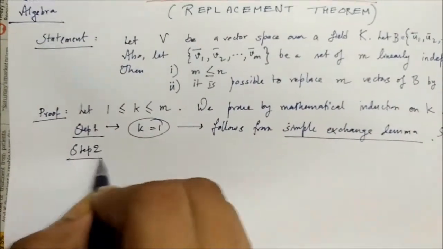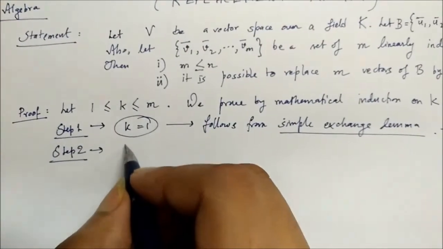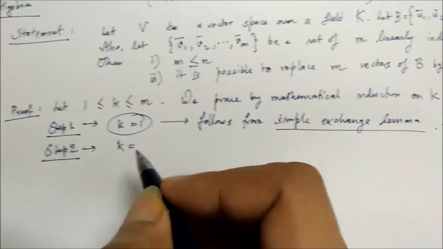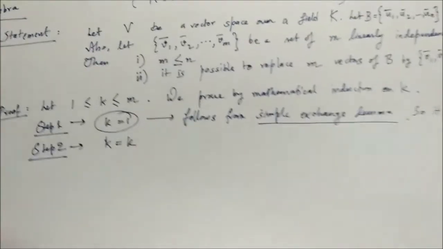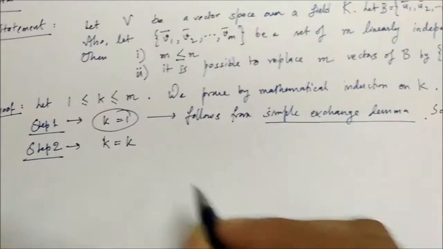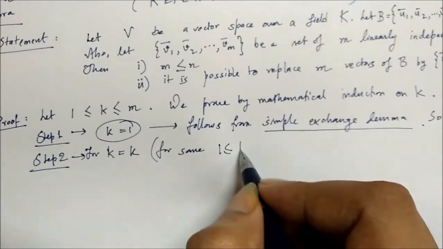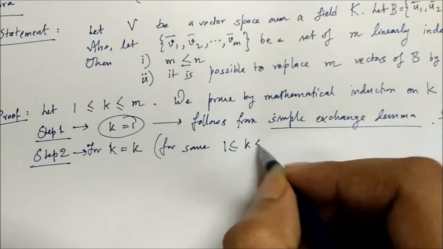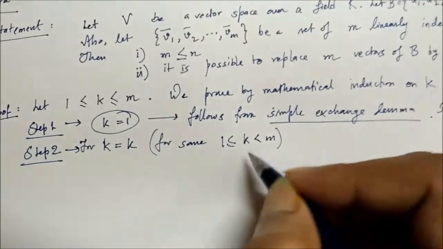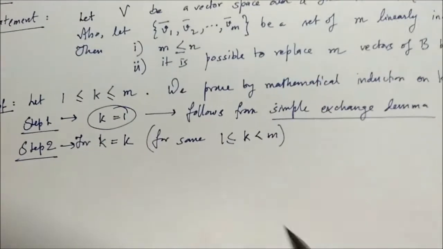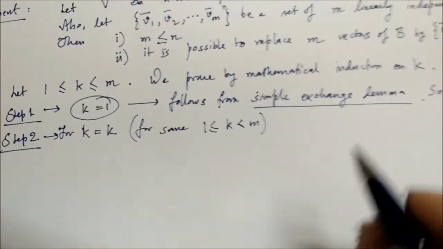What is step 2 of any mathematical induction? The inductive hypothesis. So let's take it to be true for k equals k, for some k less than m. Of course, you know why we have taken it, because in the next step we will be proving it for k equals k plus 1, right?